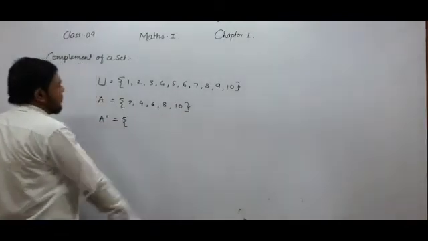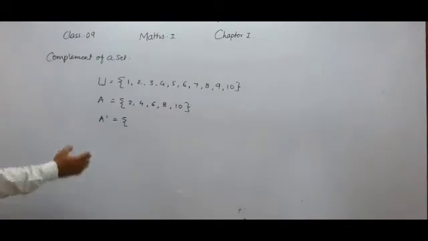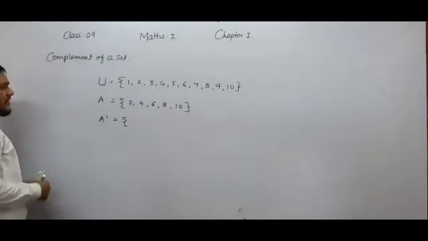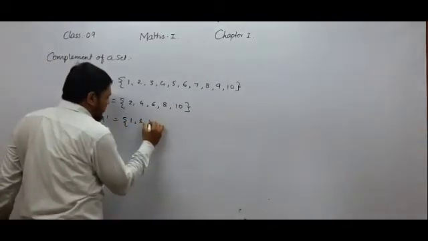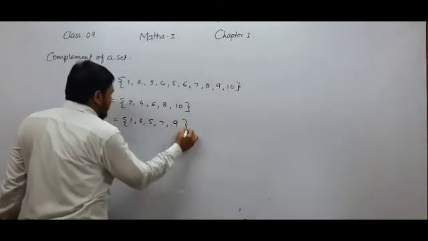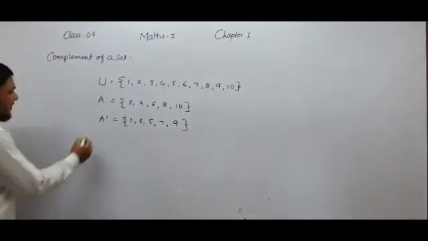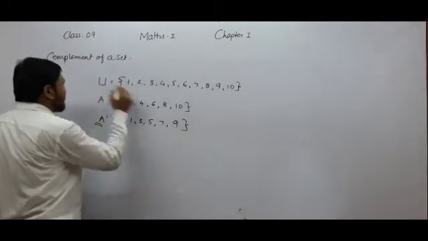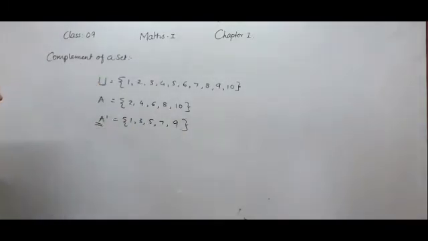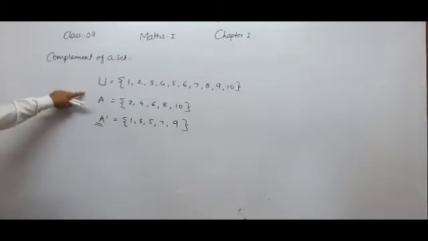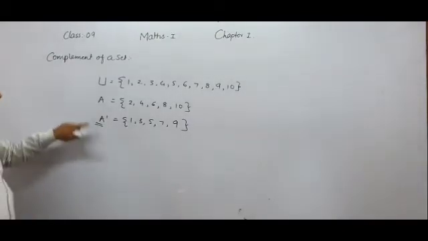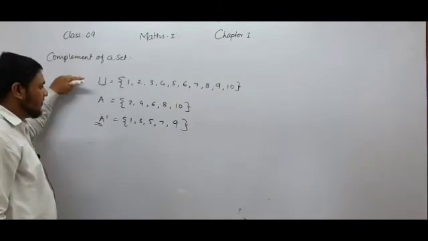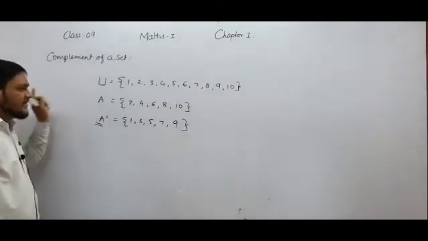We have to skip 2, 4, 6, 8, 10 and then write the remaining elements in the complement of the set. So here 1, 3, 5, 7, 9. If you notice, this complement of A will contain all the elements of set U which are not in set A. Hence this is called the complement of A because it contains all the elements of the universal set U which are not in set A.